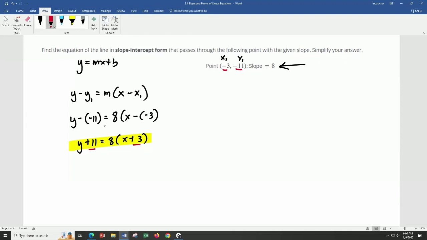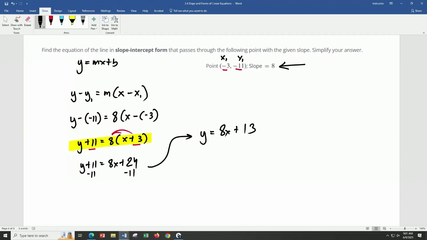So let's do the math on this one very quickly. We're going to distribute that 8, and I've got y plus 11 is equal to 8x plus 24. Then we subtract 11 from both sides, and we have our final answer: y is equal to 8x plus, what is that going to be, 13.